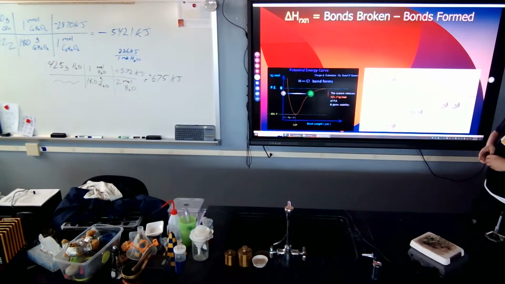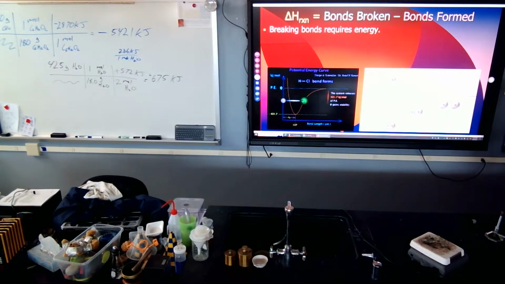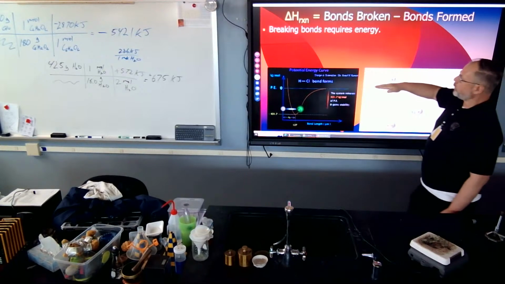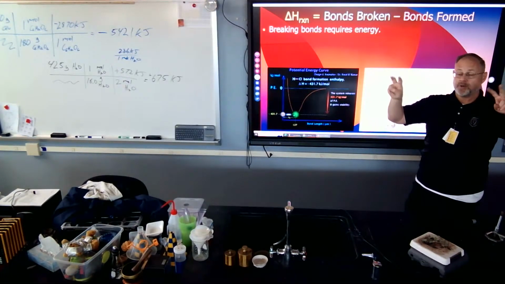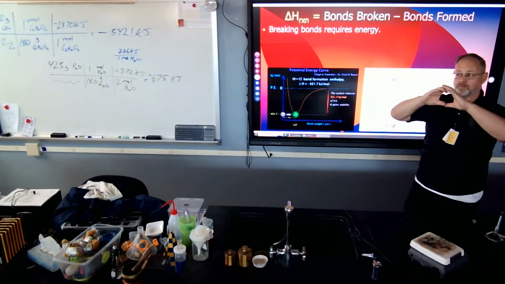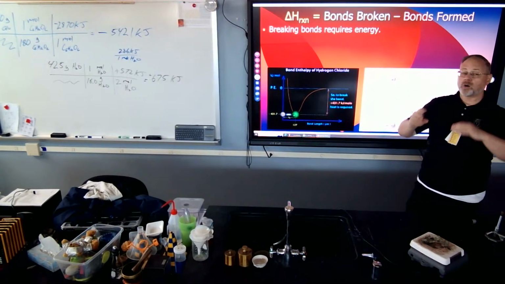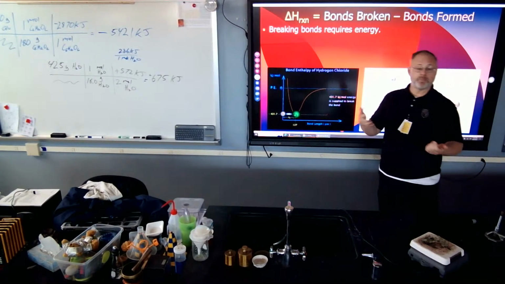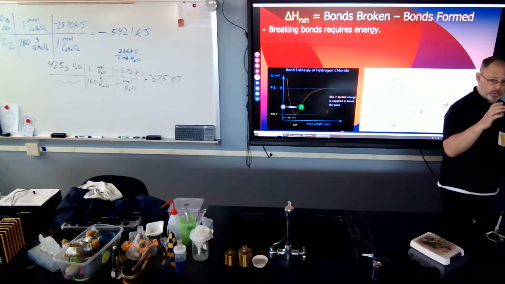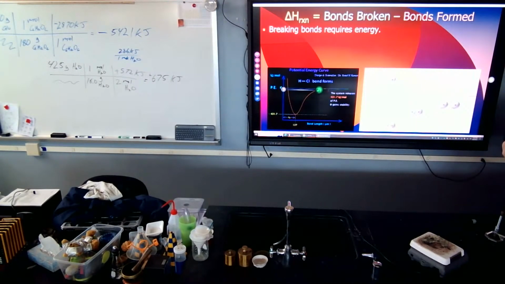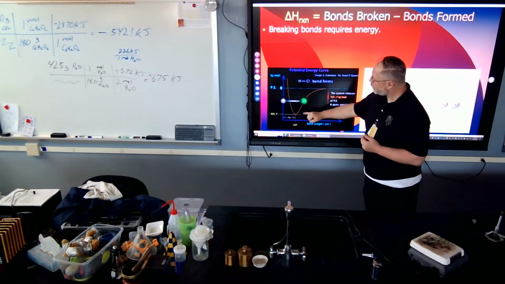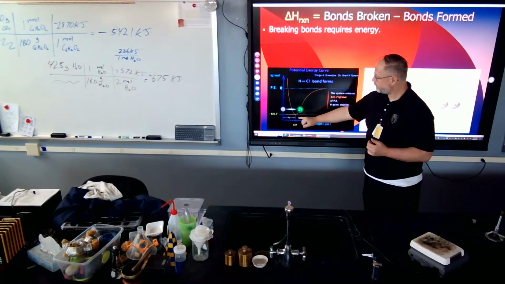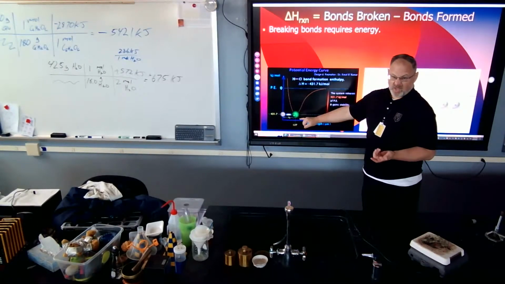The unbonded state is high energy. And here's the crazy thing, when I say high energy, I mean 0. So we arbitrarily make an unbonded atom 0 units of energy. And when it bonds, it attains a low potential energy state, which chemicals like.